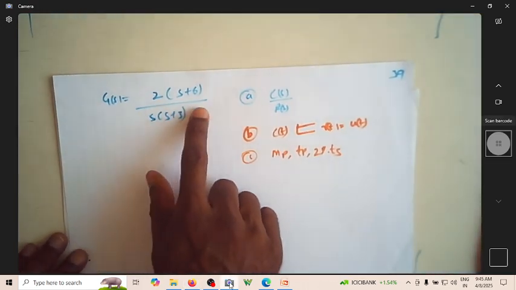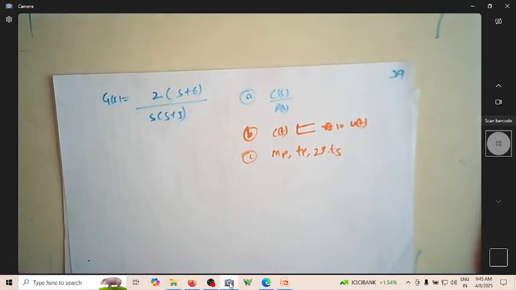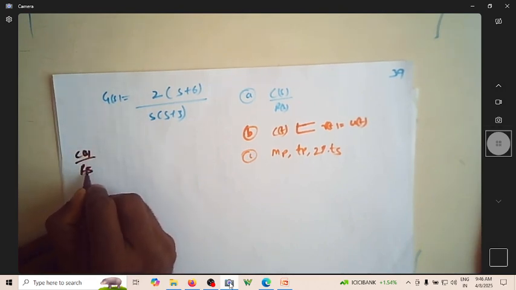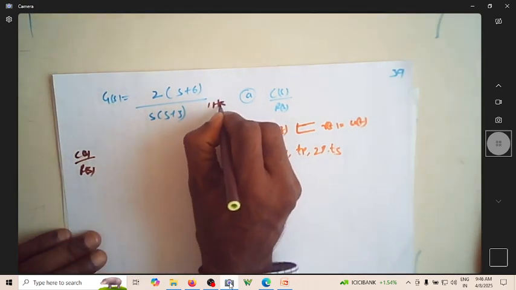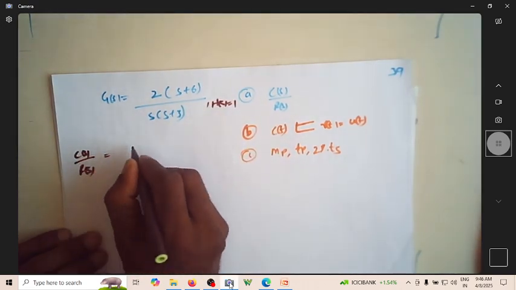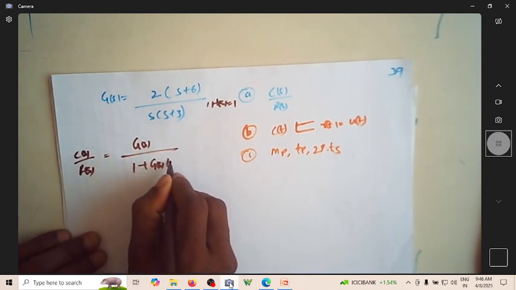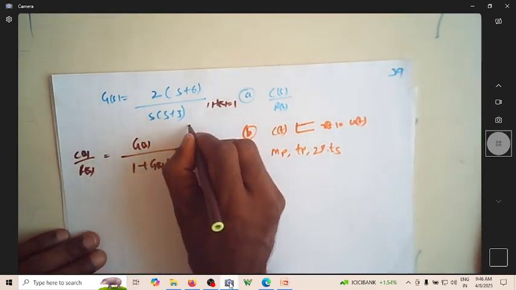So I have this as my G of s. C of s by R of s, of course H of s is 1, it's a unity feedback, is nothing but G of s by 1 plus G of s into H of s, because it's a negative feedback system.